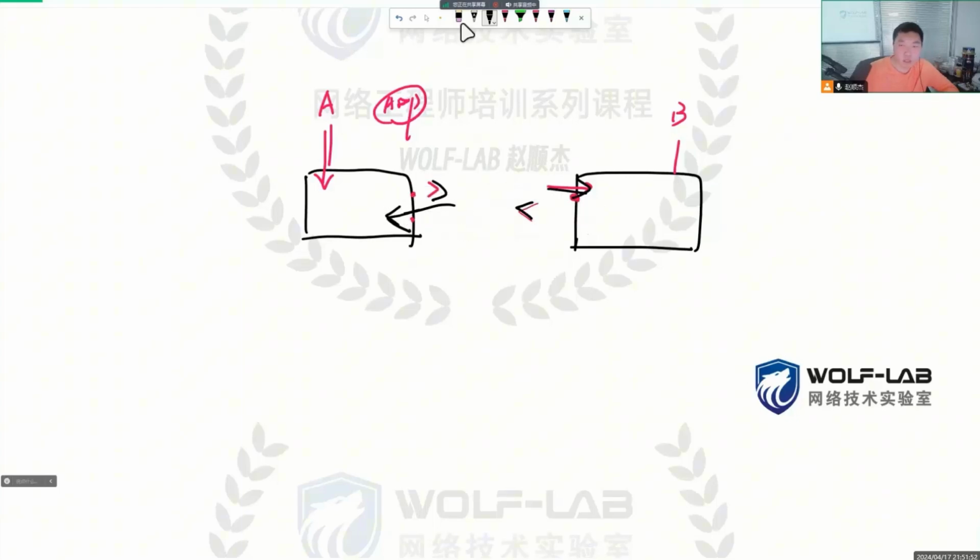The destination MAC address is broadcast, so I flood it back. Then B receives it again and floods it back, and then it's thrown back again. So this packet will continue to flood, going around in circles. This is also a loop. So what does the switch do? We need to eliminate loops.